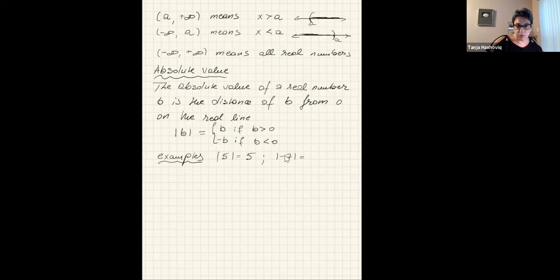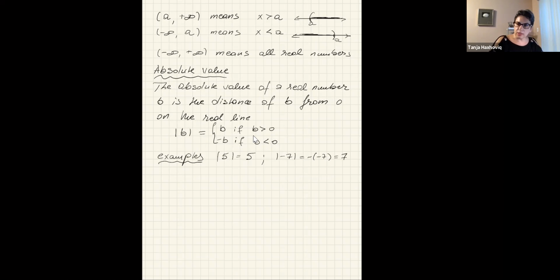So what's inside the absolute value is -7. -7 is a negative number. So according to this definition, the absolute value of -7 should be minus number -7, and we know that minus a negative number is just the positive number 7. That's why the end result of the absolute value, according to the definition, is always something that is positive.